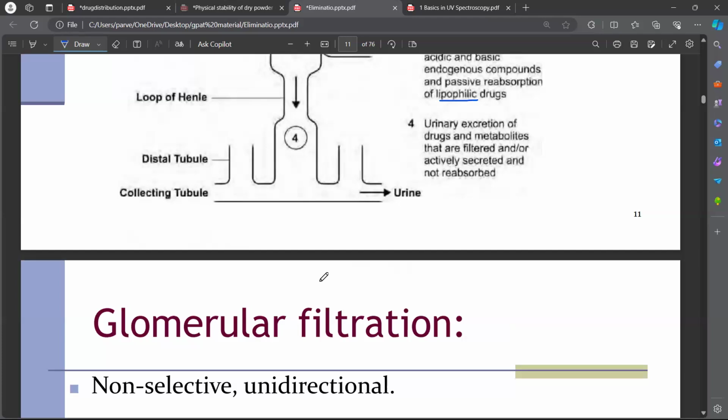Inulin is correct, but one of the classical markers, the most widely used marker, is creatinine. Whenever there is an option, first you have to pick creatinine, because creatinine is one of the most widely used markers to measure the glomerular filtration rate, and it ranges from 120 to 125 ml per minute.